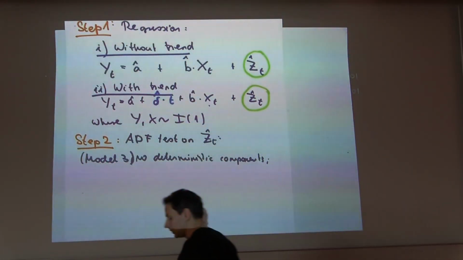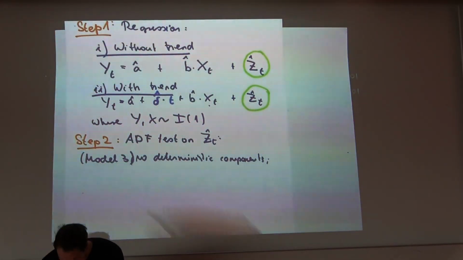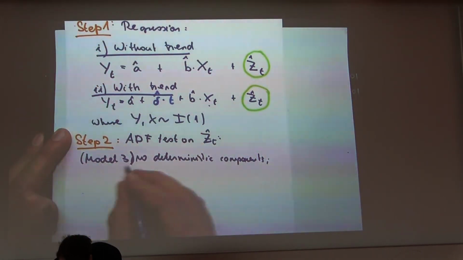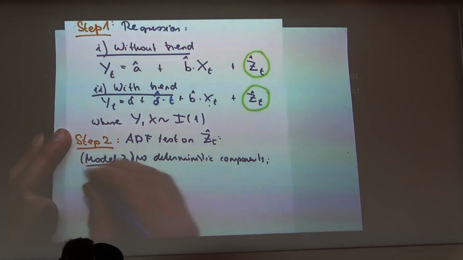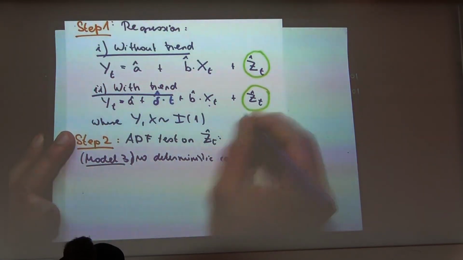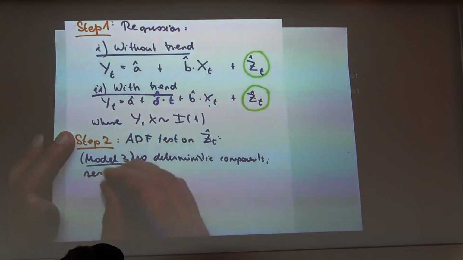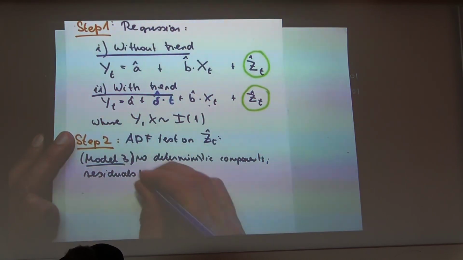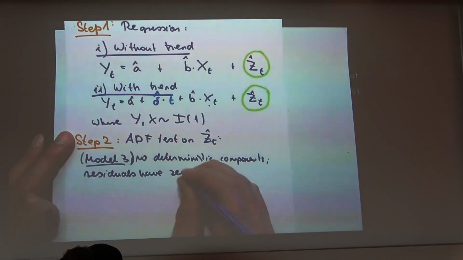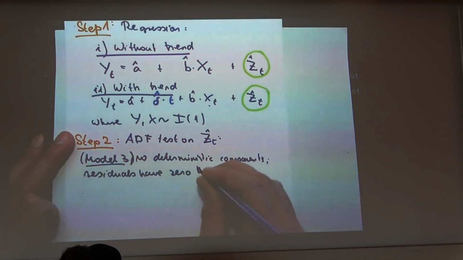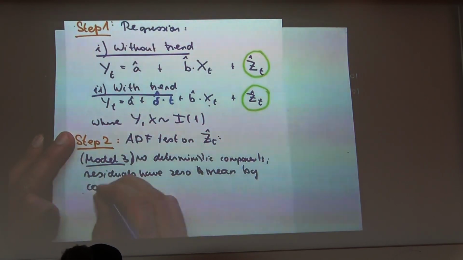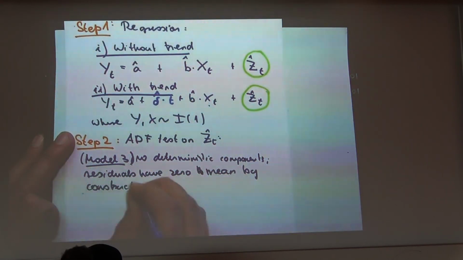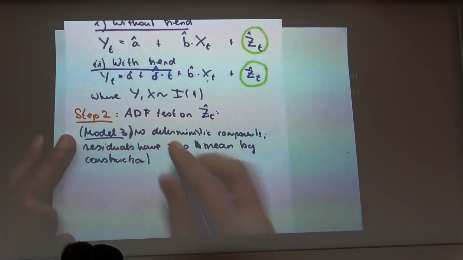It doesn't make sense. That's why you choose model 3 for that: no deterministic components, because the residuals have zero mean by construction. That's the reason for that.